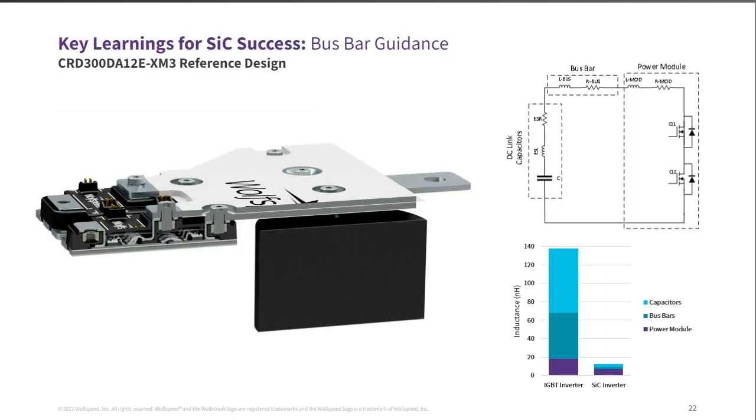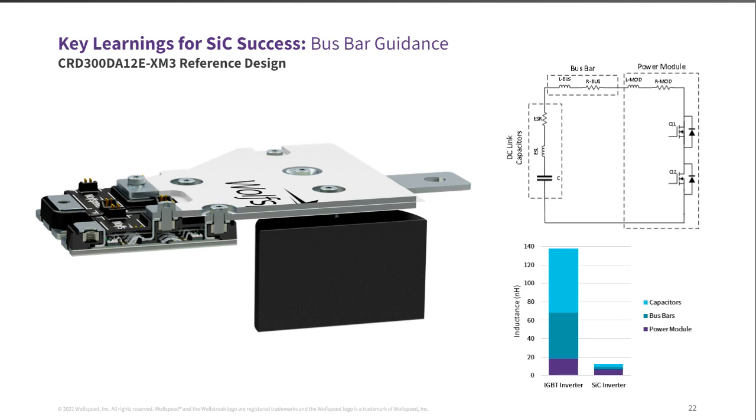So one of the key learnings from this reference design, not only the entire stack up of the thermal, the cold plate and the module, the gate driver, the differential signaling, but the bus bar guidance is a huge takeaway that you could get.